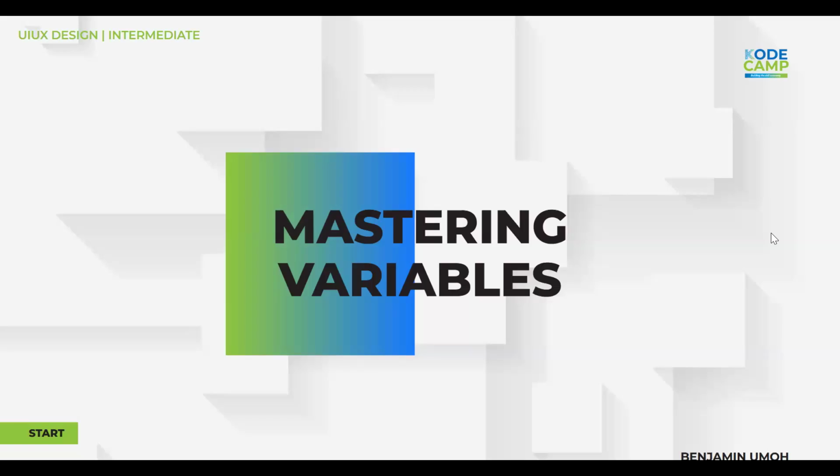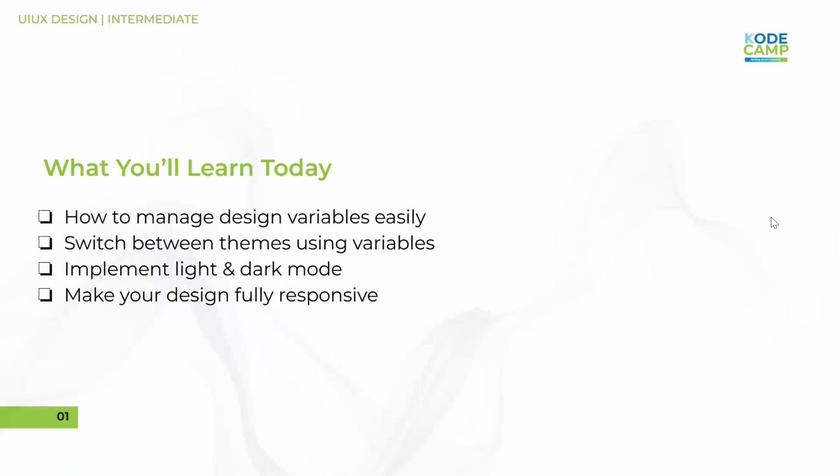What we will learn today is how to manage design variables easily, how to switch between themes using variables, how to implement light and dark modes, and how to make your design fully responsive. If we have time, we are going to solve these problems in today's class. So let's jump right into it.